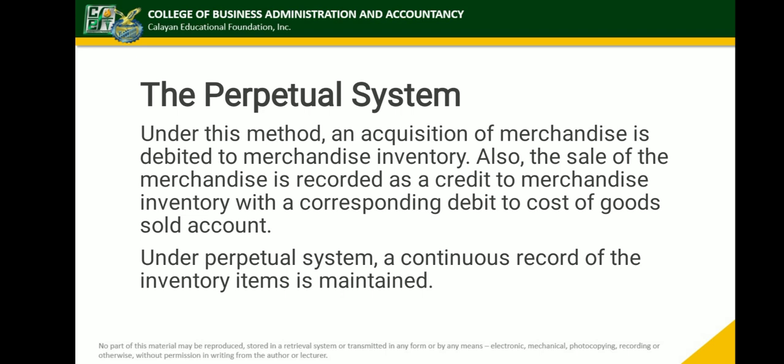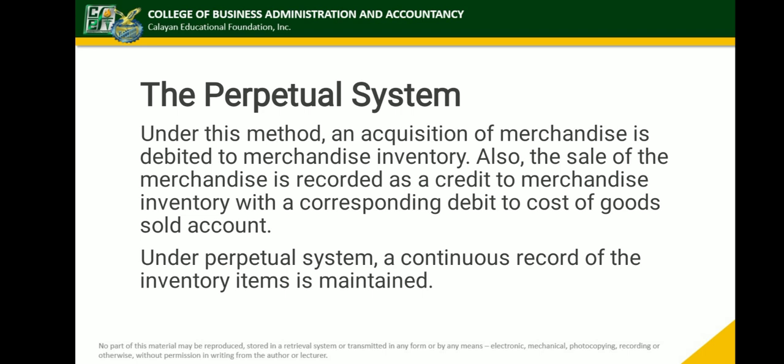Also, the sale of the merchandise is recorded as a credit to merchandise inventory. Siyempre, pag magbebenta tayo ng goods natin, lalabas natin yung product, di ba, yung inventory. That's why, i-credit naman natin siya this time. Take note that the normal balance of merchandise inventory account is debit.